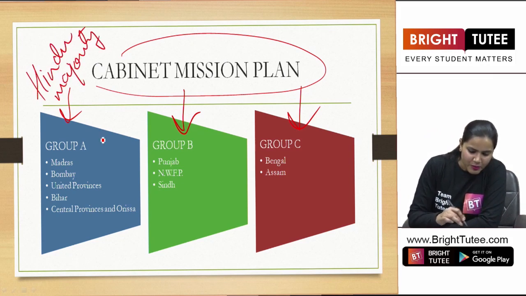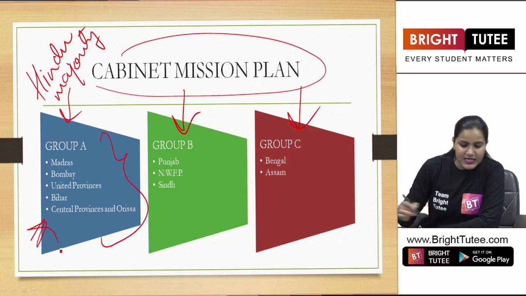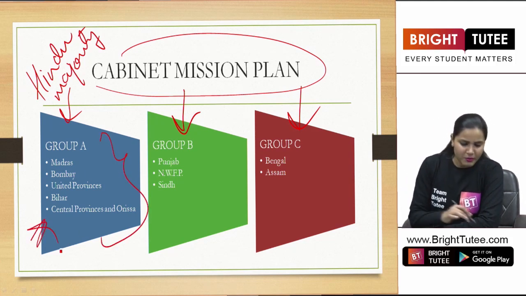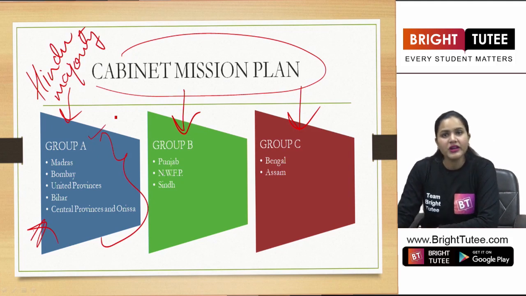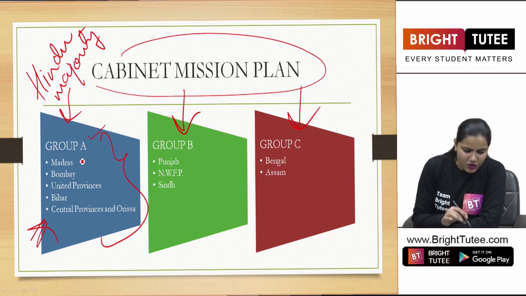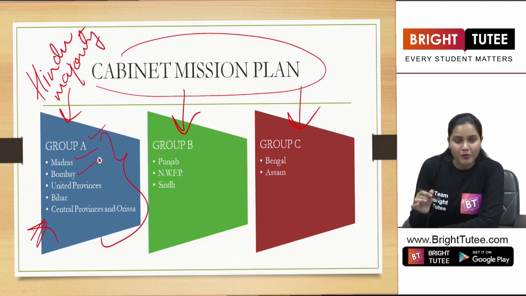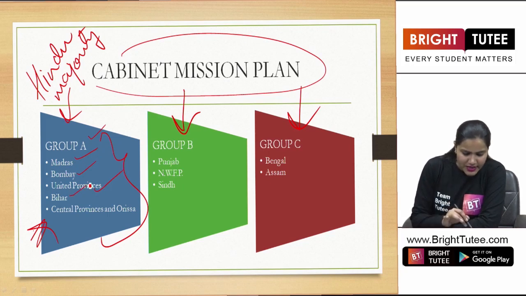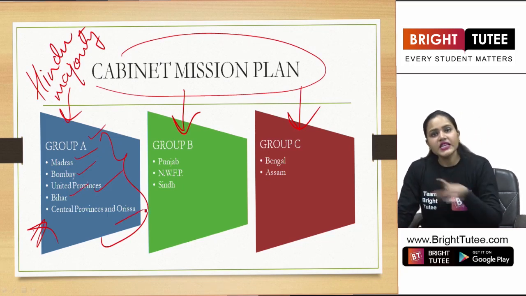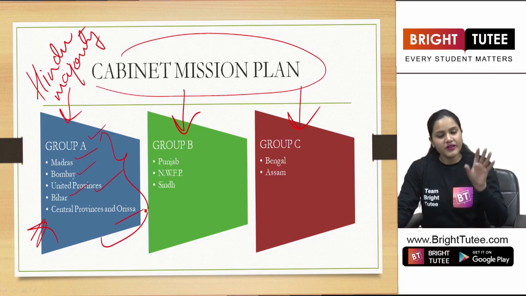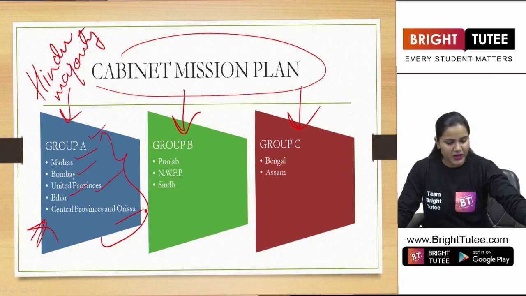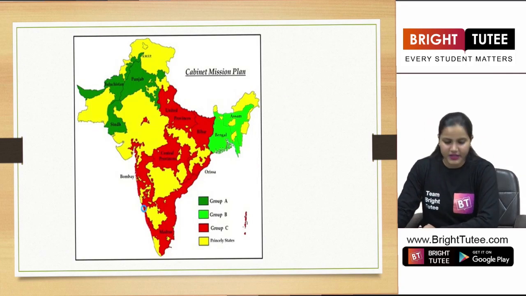Why? Because in all the provinces in Group A, the majority of the population were Hindus, right? So, the Madras region, Bombay, United Province, Bihar, Central Province and Odisha. These provinces came under the first section, that is Group A, that was Hindu majority.